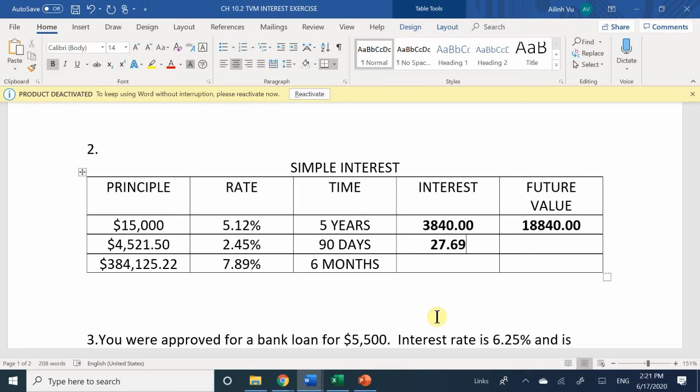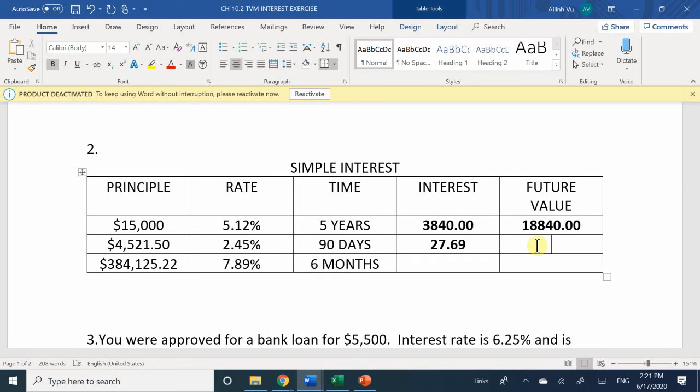So in our case, because it's 90 days, you need to convert that to years. So that means we're only collecting 25% of the interest. Okay? So yes, it's $27.69.